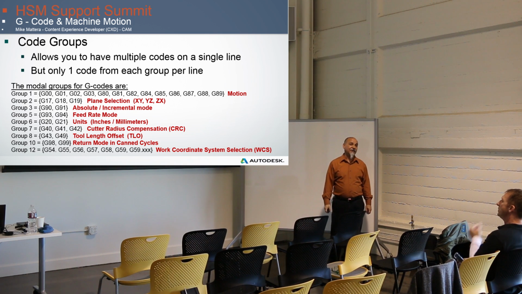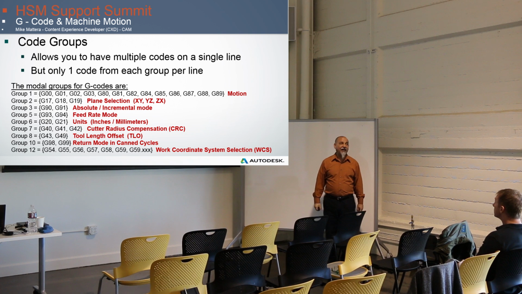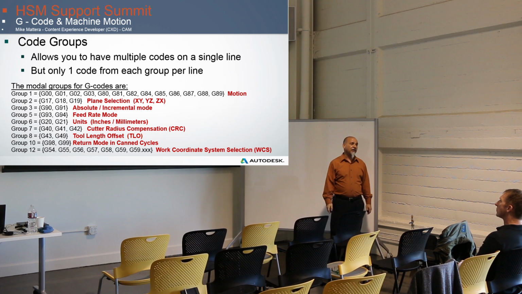So you could have, what is it, 1,005 fixture offsets. So there'll be some variation of that. It might say G59.1 P1, G59.1 P2. They all have slightly different ways of doing it, but if you see a 59, it's a work coordinate offset, most likely. So that's a way of shifting zeros from multiple parts and multiple fixtures.